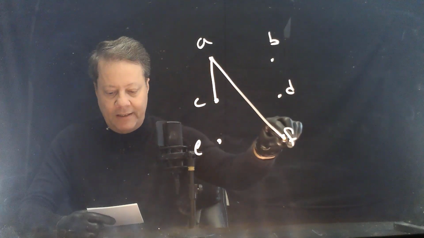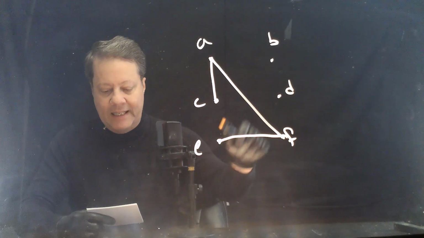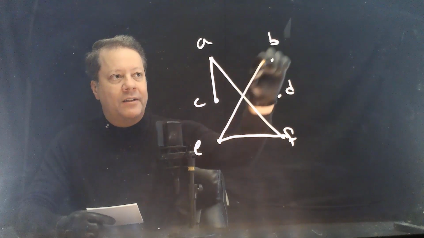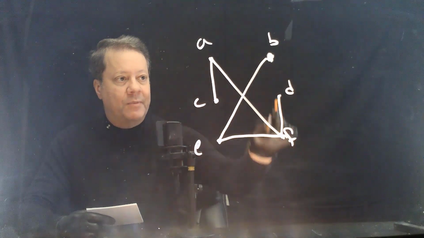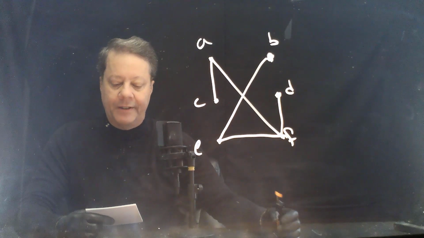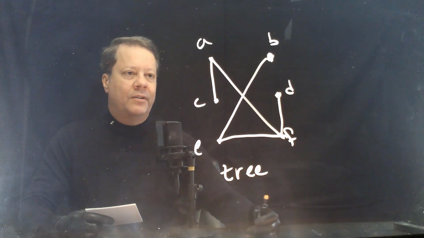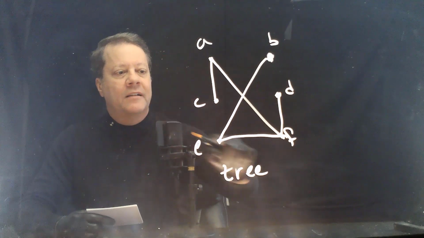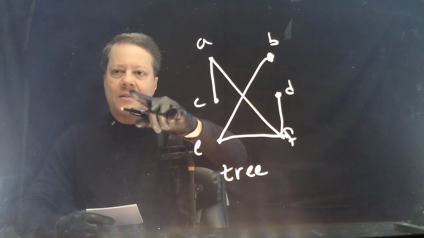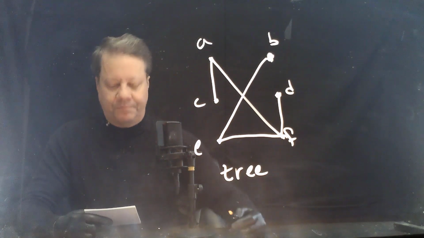This is going to connect down to F. F will connect to E. E will connect to B up here. And D is also pendant off of F here. So this is a tree. Note that we can move this point B over here, in which case we won't have that crossing, and then perhaps it's clearer that this is a tree.